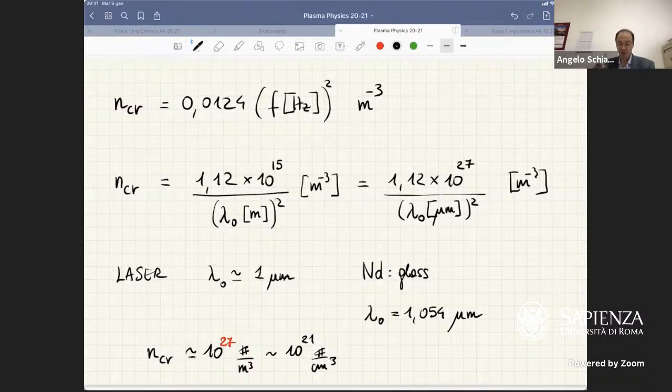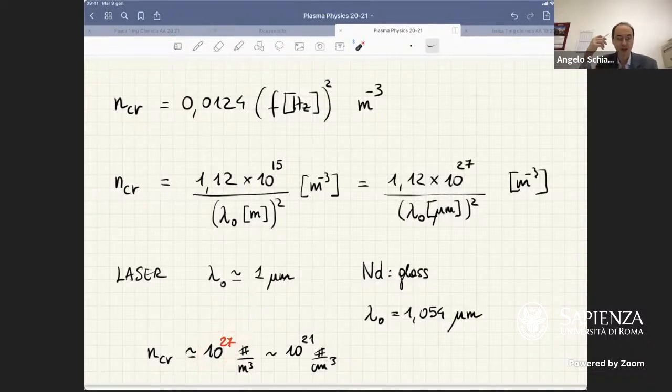And this has to be compared to, for instance, the typical density in MCF. If you remember, we had that in MCF we had 10 to the 20 electrons per cubic meter, and you see that actually the critical density is much, much larger.